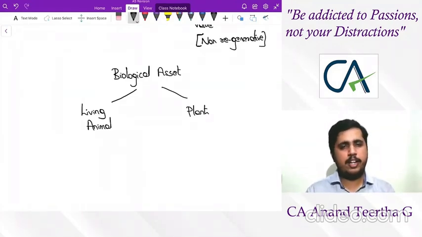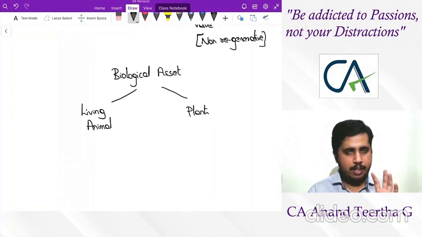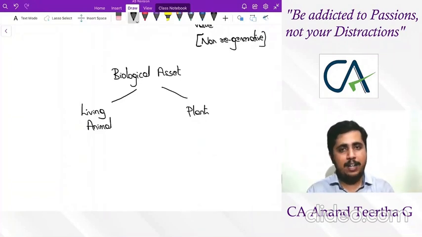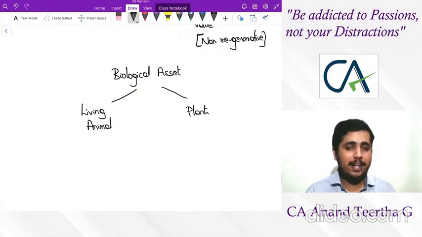But we need not consider that in such detail. For biological asset coverage, animals are totally excluded from the applicability point of view. Other plants are excluded, but for bearer plants, PPE is applicable.